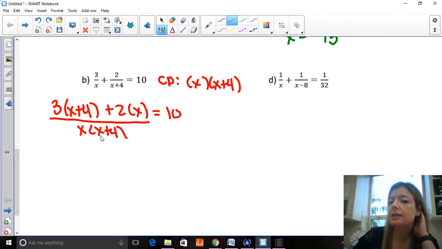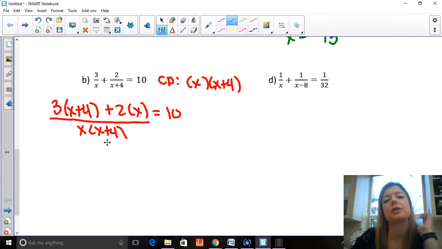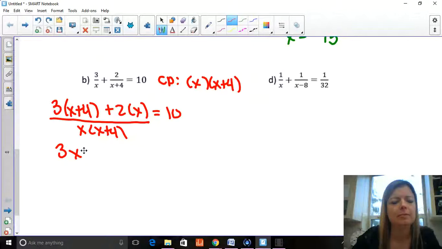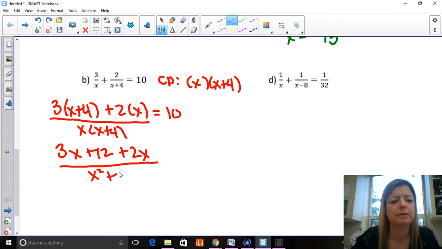Now we just need to simplify this, and then it will become the same as the questions we already did. So we get 3x plus 12 plus 2x over x squared plus 4x equals 10.